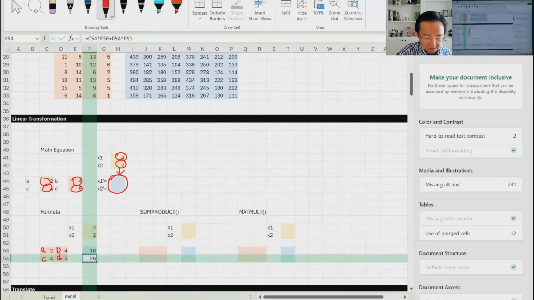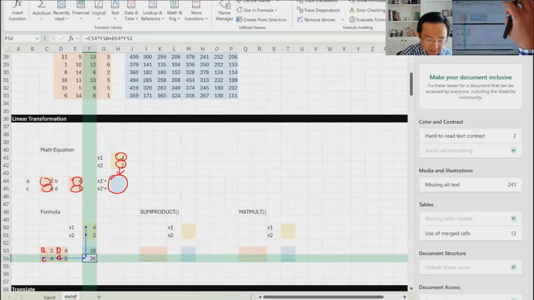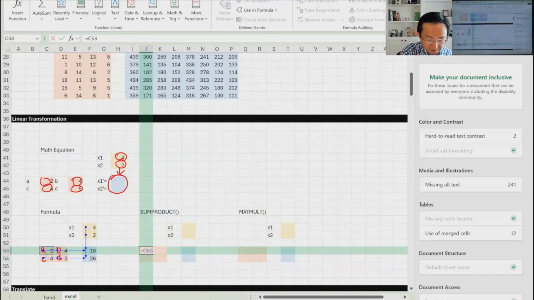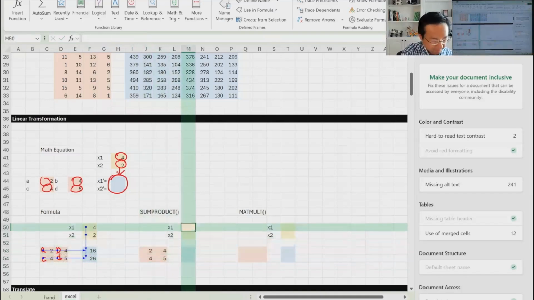So now I can review this formula, and I can go back to the formula tab and play with the precedents again. You can see how these values are dependent on each other. Then let me just copy this value, refer to this value again, use the same value. And I'm going to refer to these two values. So I have the same value.